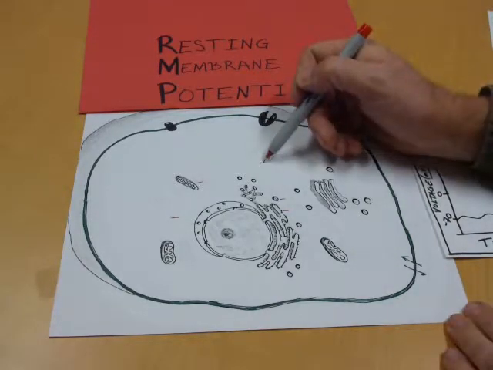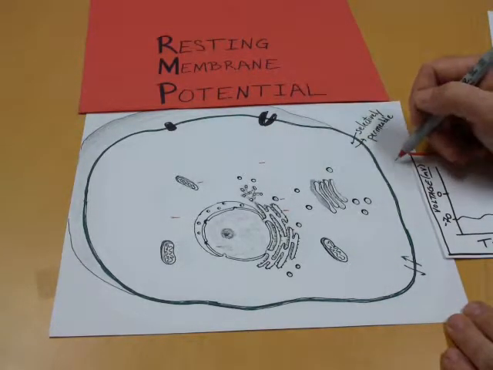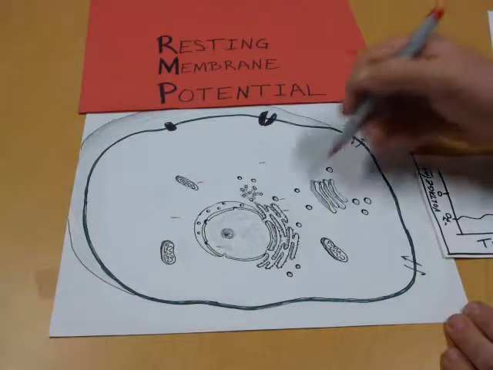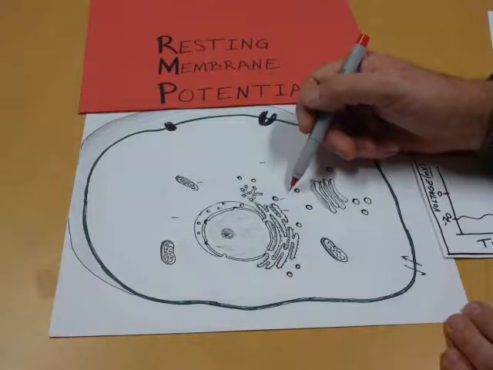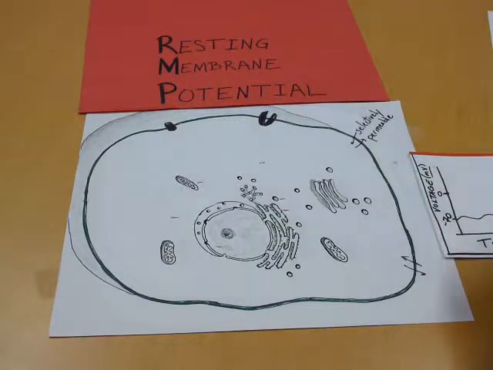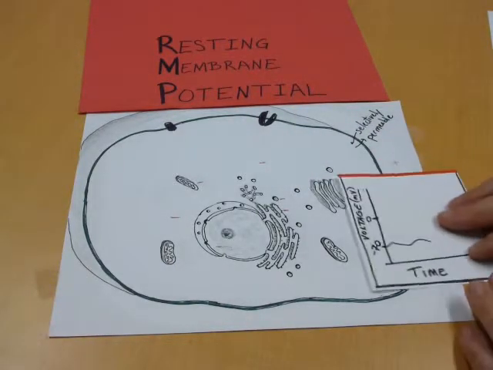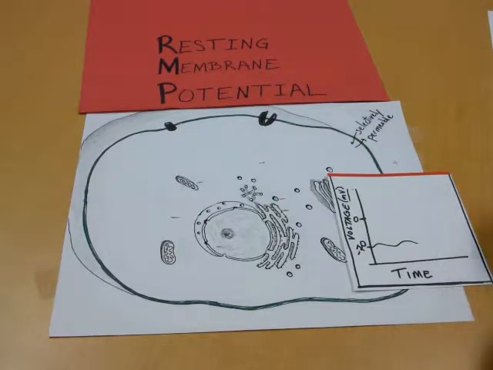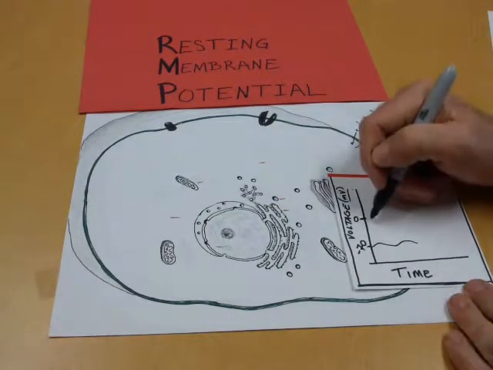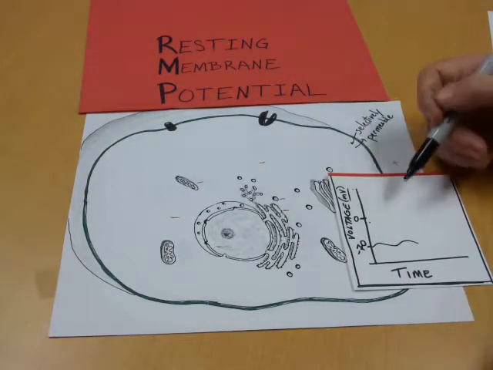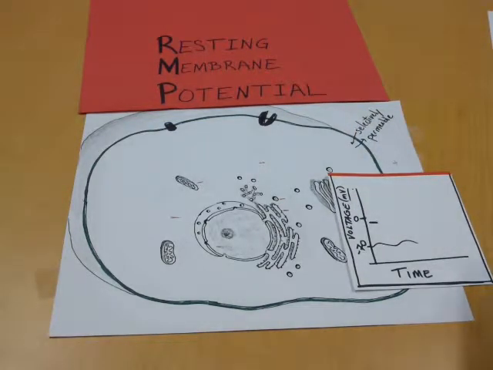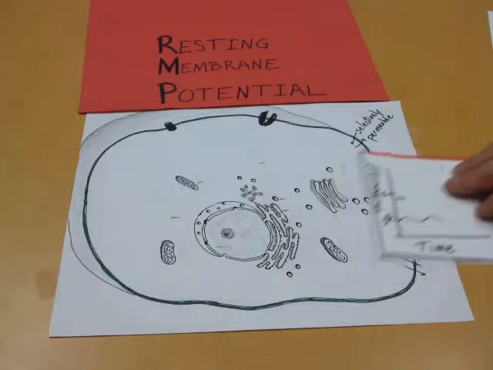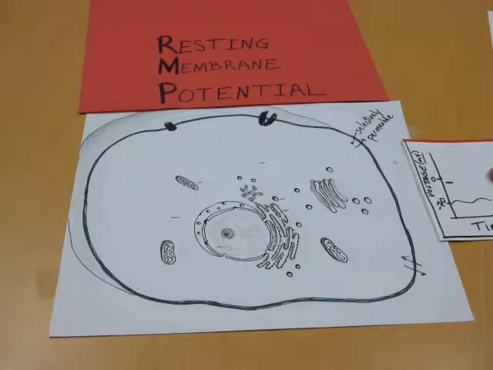The inside of the cell is more negative than the outside. So if you just compare the two, the outside would have a slightly positive charge compared to the inside of the cell. So that gives us a little bit of potential. Definitely not 0, but we're only a little ways down. So it doesn't get us all the way to -70.